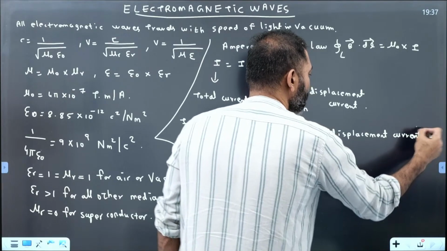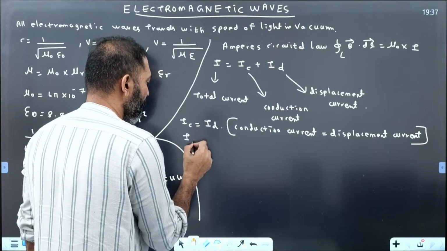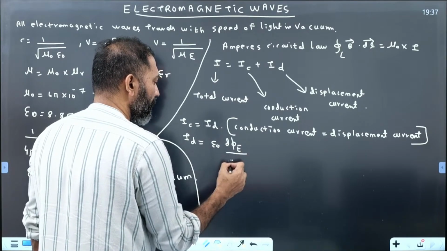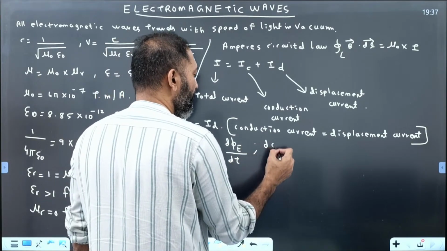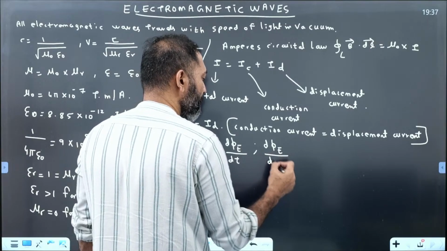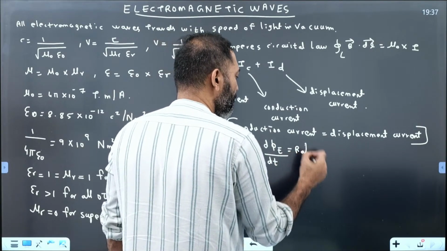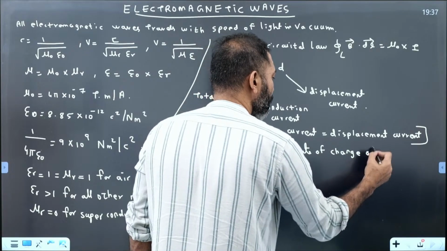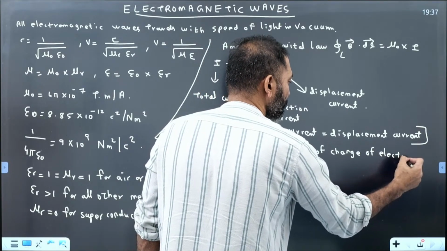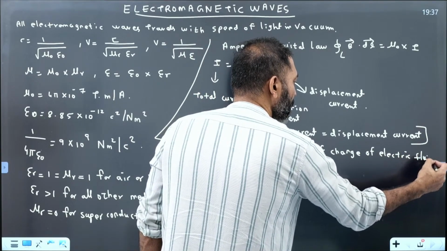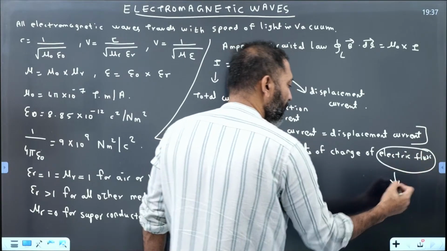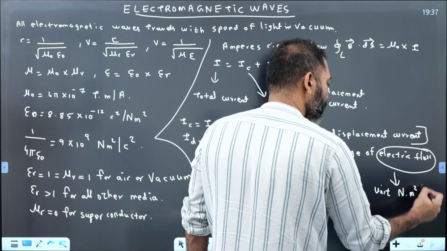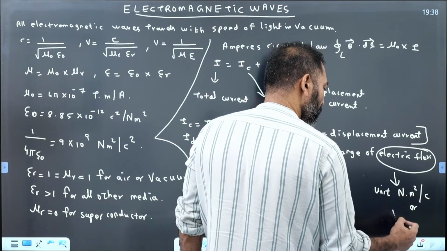What is the equation for displacement current? I suffix D is equal to epsilon 0 d phi by dt. d phi by dt is rate of change of electric flux. What is the unit of electric flux? Unit Newton meter square per coulomb or voltmeter.